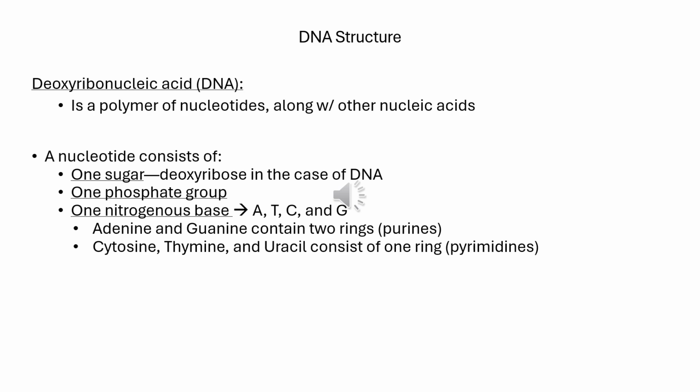The nitrogenous bases are adenine, guanine, cytosine, and thymine. Adenine and guanine are called purines, and cytosine and thymine are called pyrimidines. There's another nitrogenous base, but that's associated with the RNA, which we'll talk about in another lecture.